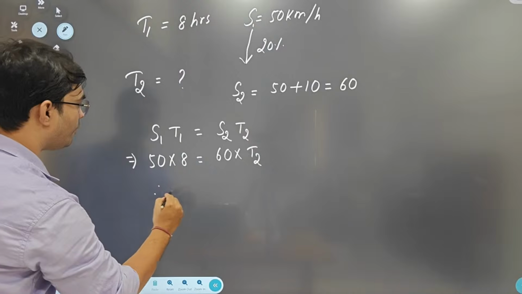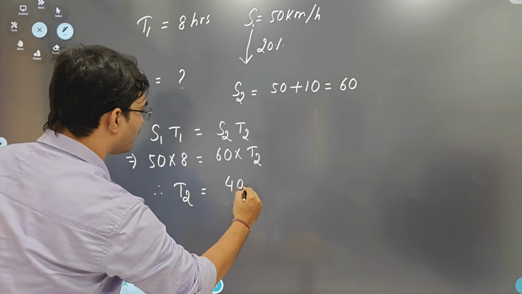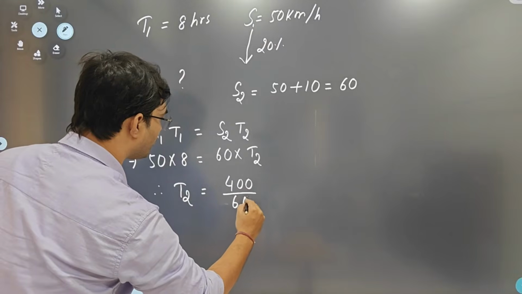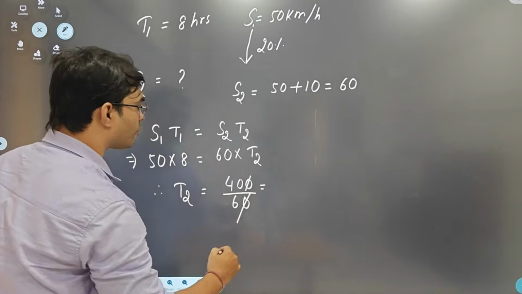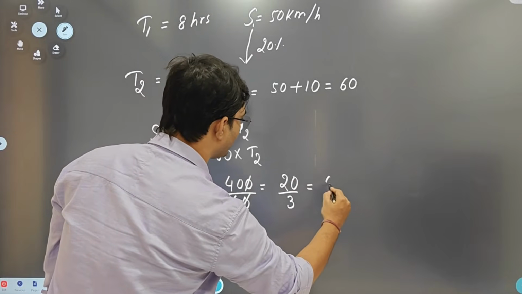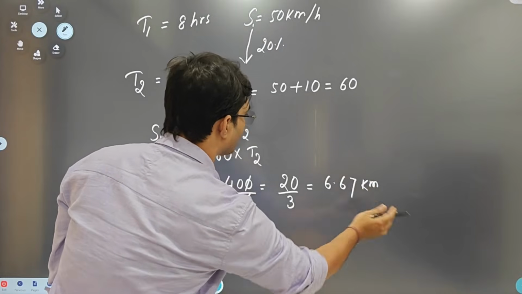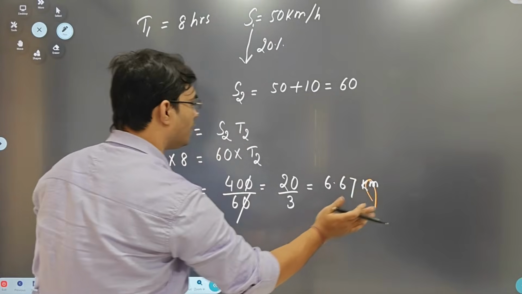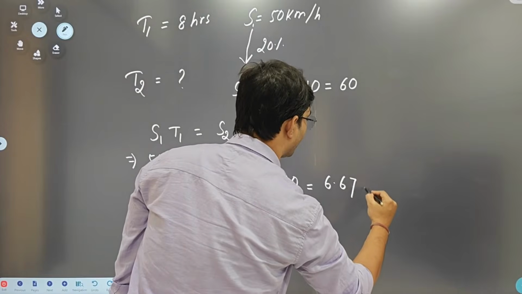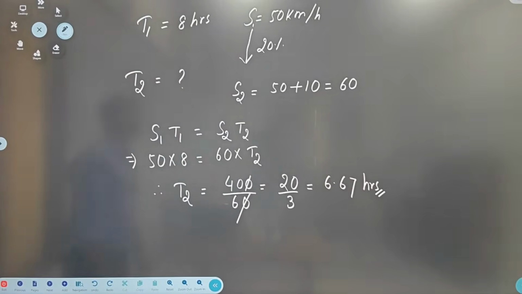Therefore T2 will be equal to 50 into 8, 400 divided by 60, 40 by 6 or 20 by 3, which is 6.66 or 6.67, approximately. Sorry, we are finding time now. So this will be 6.67 hours. I hope you are very comfortable with both the approaches, right?